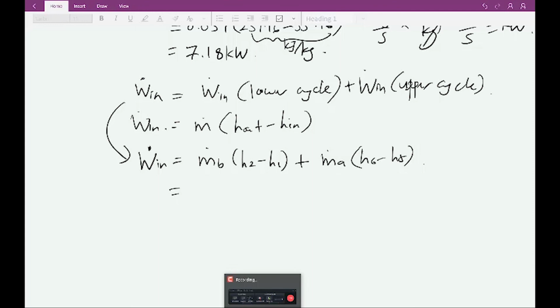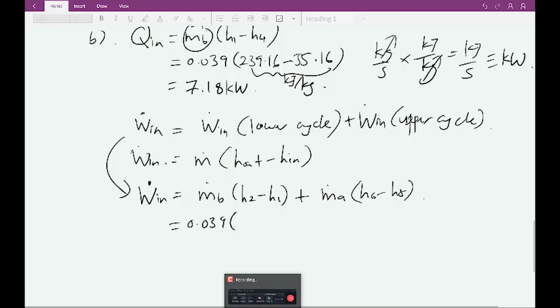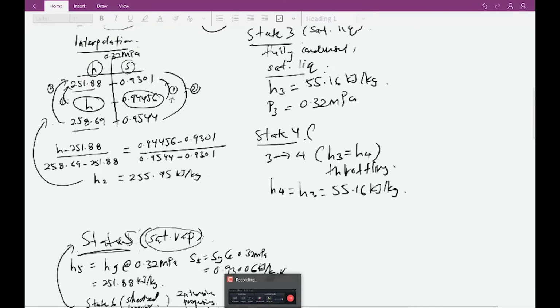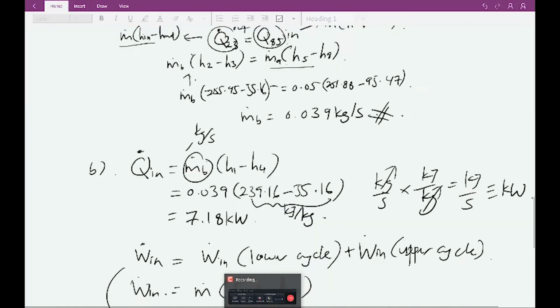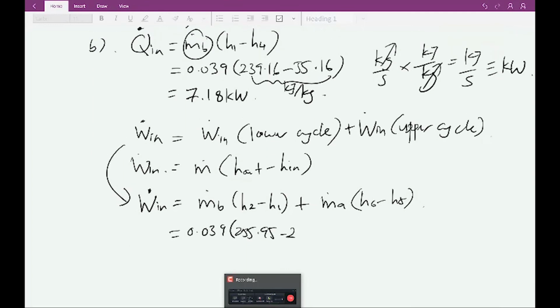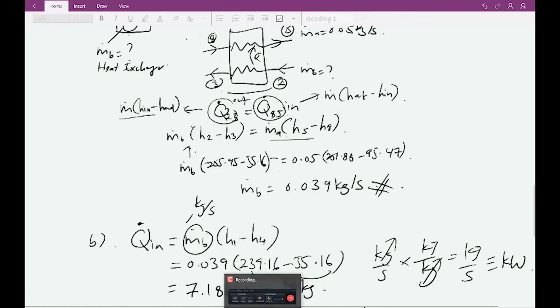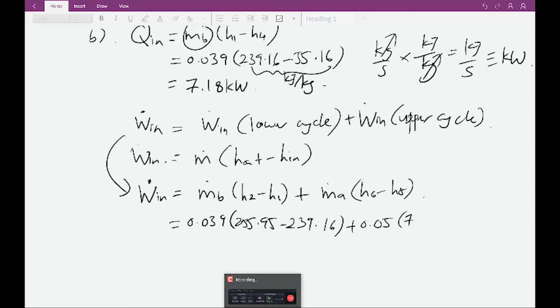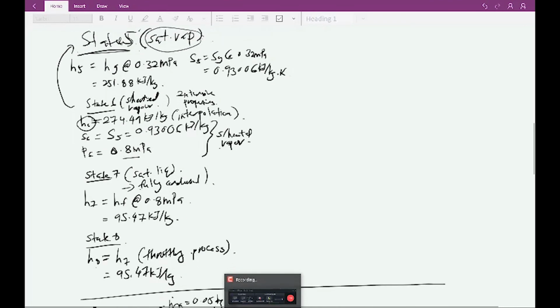So you put the value 0.039, H2 is 255.95 minus H1, H1 is 239.16, plus m dot A, which is 0.05, H6 is 274.49 minus H5, H5 is 251.88.